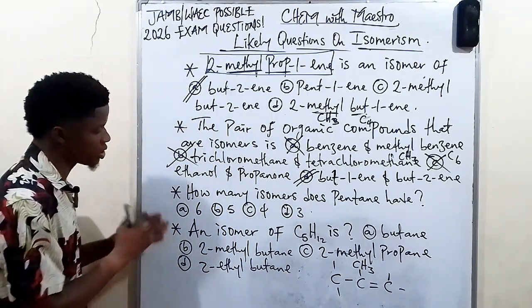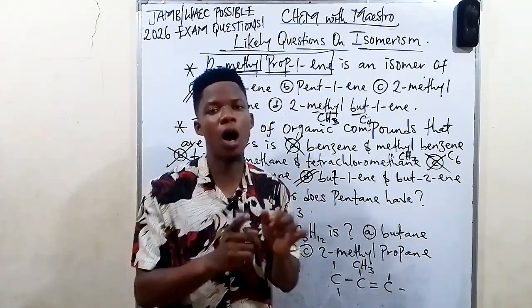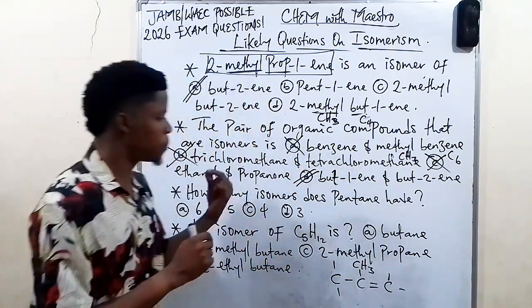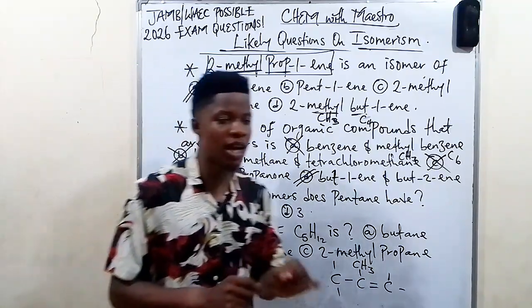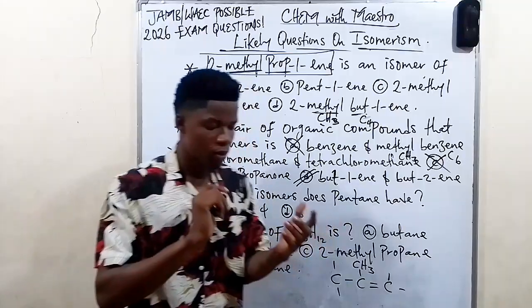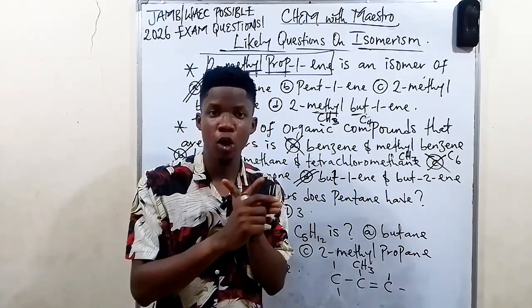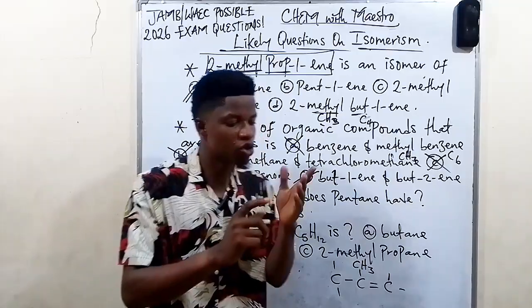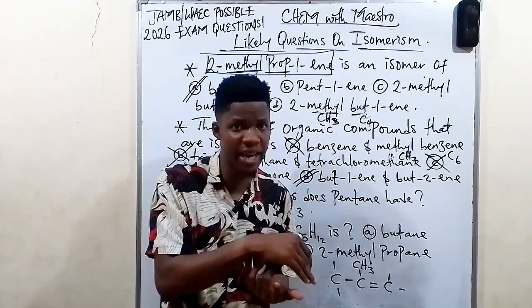Now look at this question, question 3. How many isomers does pentane have? It's very easy. Now remember I told you that isomerism in alkanes, remember methane, ethane, and propane do not have isomers. So isomerism in alkanes begins from butane.